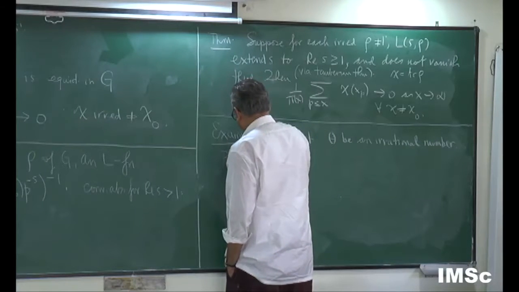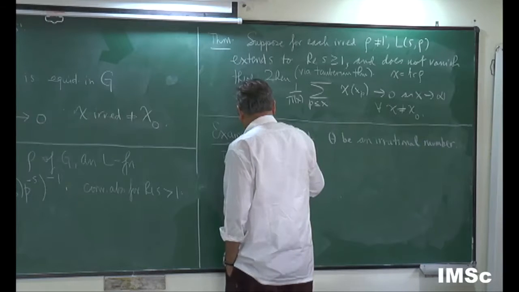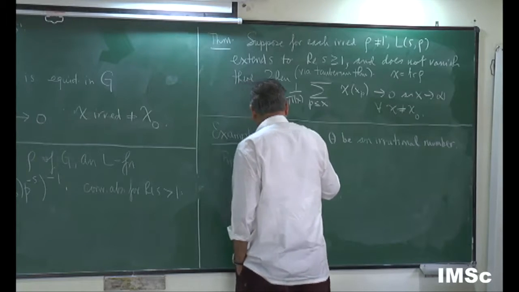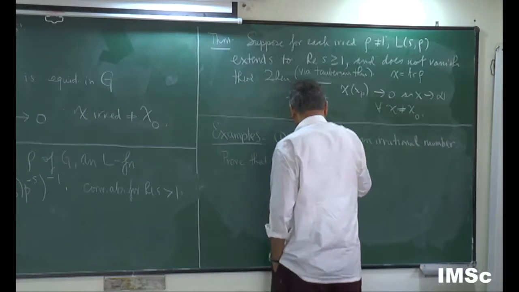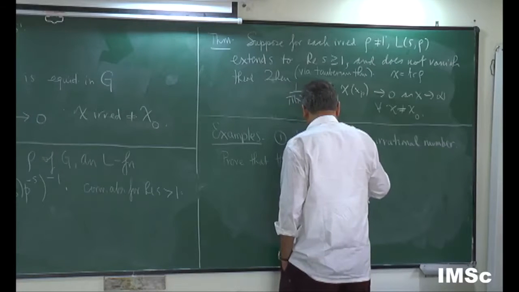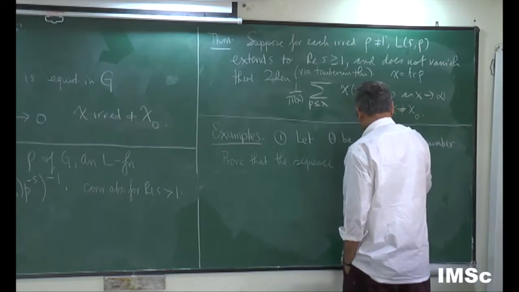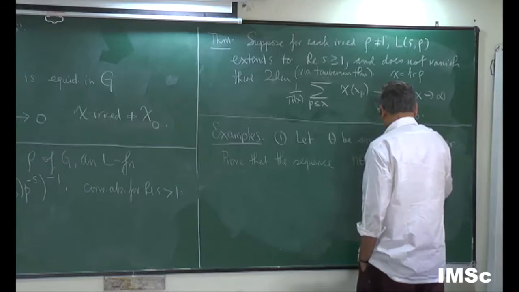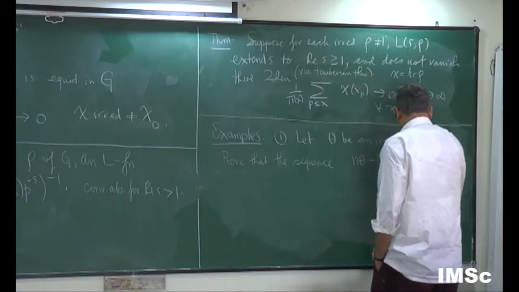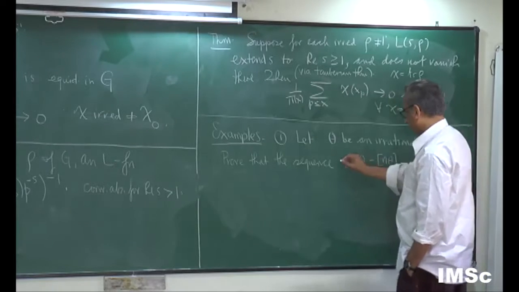Prove that the sequence n theta minus the greatest integer of n theta, so this is my sequence x sub n.